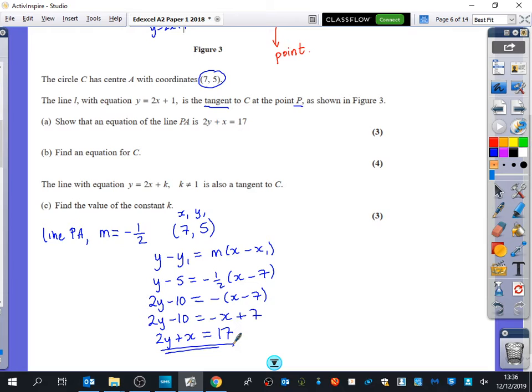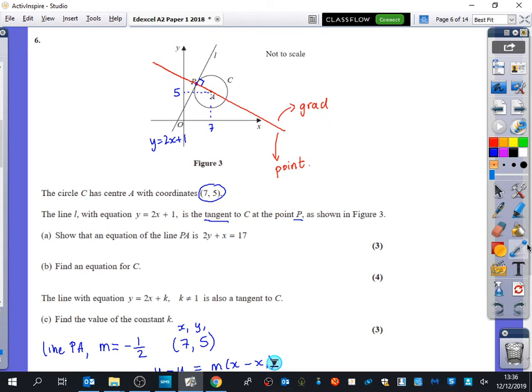It now wants us to find out an equation for C. Okay, so if we're going to try and find out an equation for C, I need to know two different things to find an equation for circles. I need to know the centre and I need to know the radius. If I have those two things, I can find an equation. Well, for the circle, we can already see that the centre is 7, 5, so I've dealt with that bit.